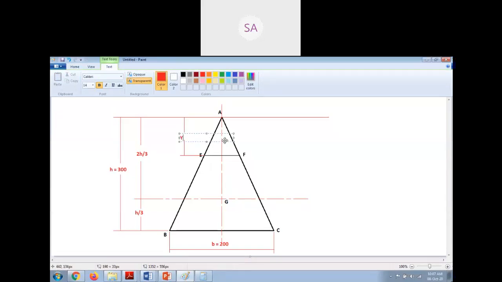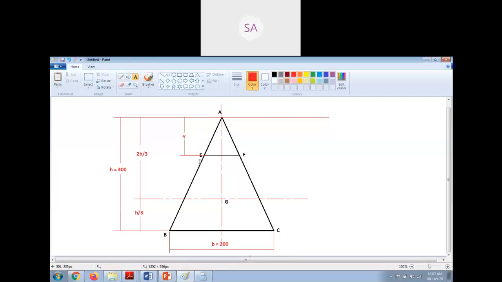If you see the book, he has used x there. That is very confusing, so that's why I've taken this as y. Now I need the location of the center of gravity of triangle AEF. y is the height of this triangle, EF is the base. So the center of gravity of triangle AEF will be somewhere here.